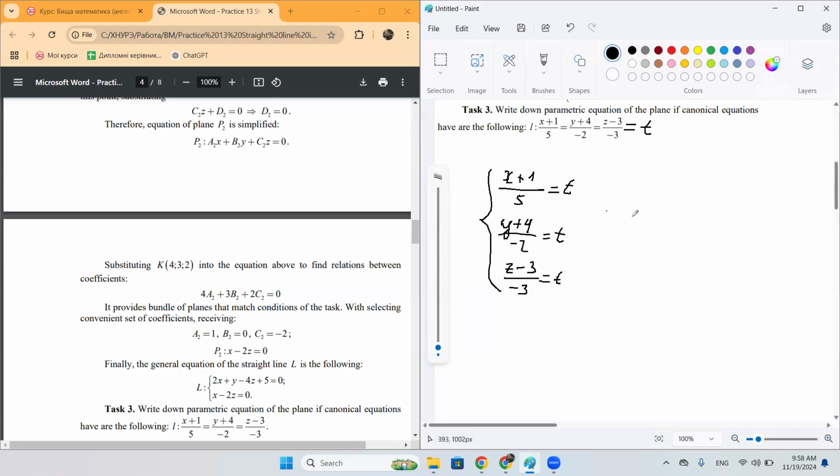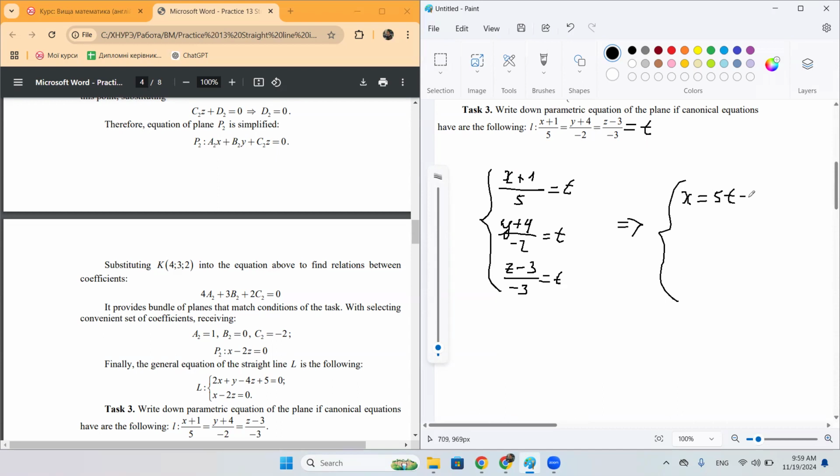And now we are extracting x, y, and z. So x equals, we multiply by 5 both parts. So x plus 1 equals 5t, and then x equals 5t minus 1.